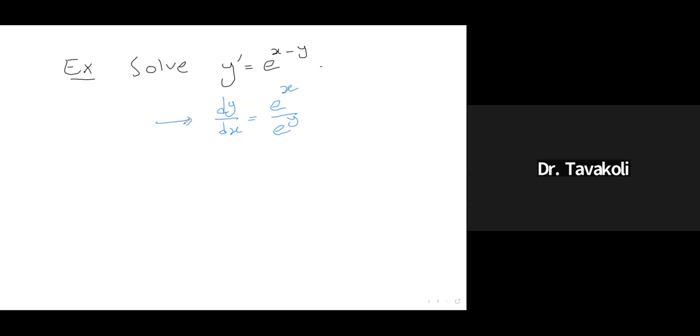So if I multiply both sides by dx and at the same time multiply both sides by e to the power of y, I will have e to the power of y dy equals e to the power of x dx. So I integrate both sides.